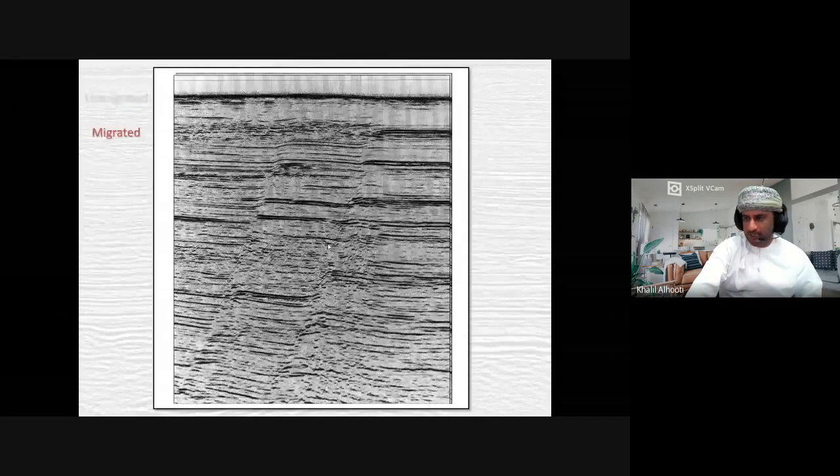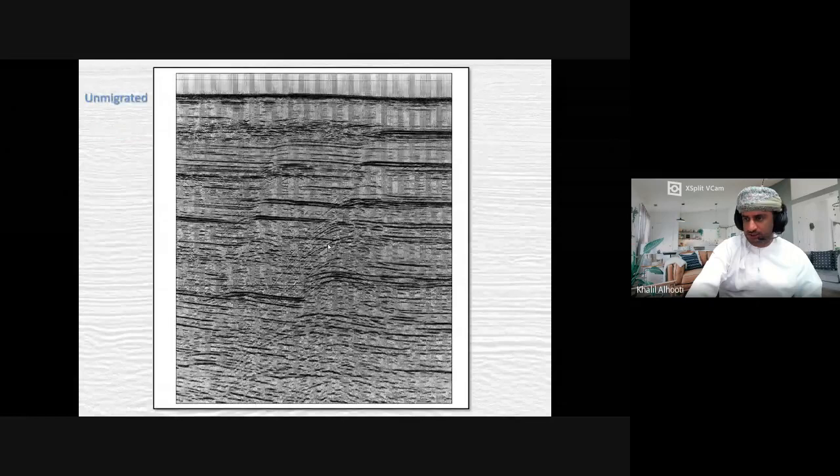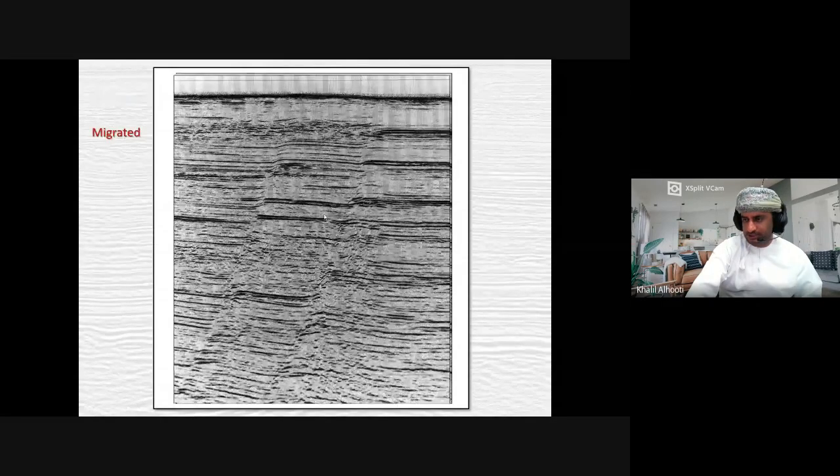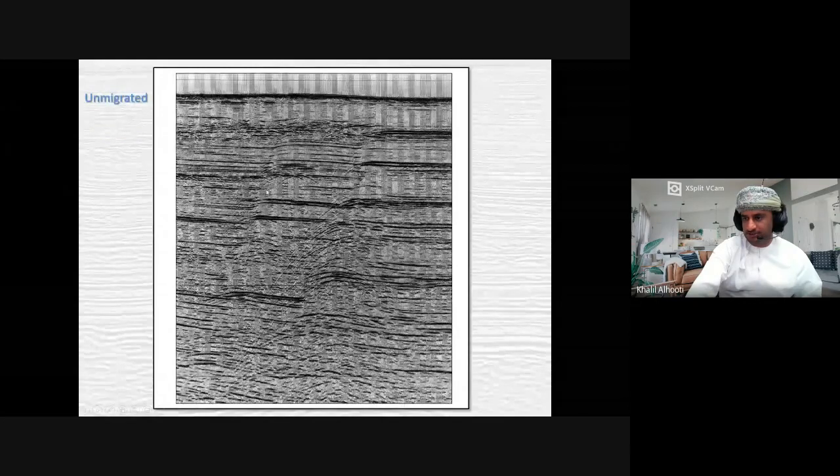by applying migration. If I keep moving back and forth between these two, you will find that it's way easier to follow the horizon in this migrated section rather than the unmigrated section. Your task usually as a geophysicist or a geologist, or maybe a petroleum engineer, is to follow these horizons. That's also the task you will be asked to do for the upcoming project you will have.